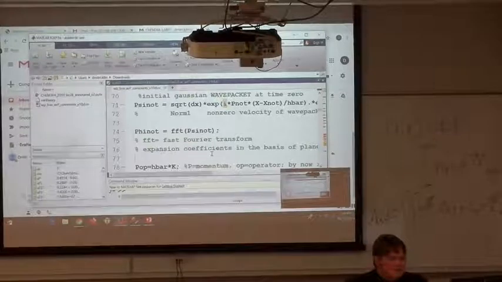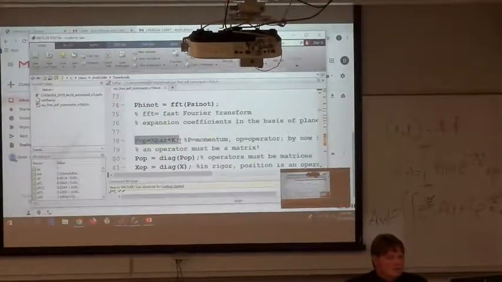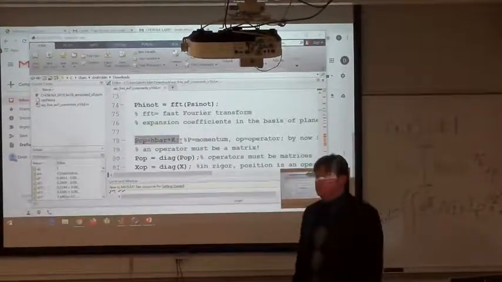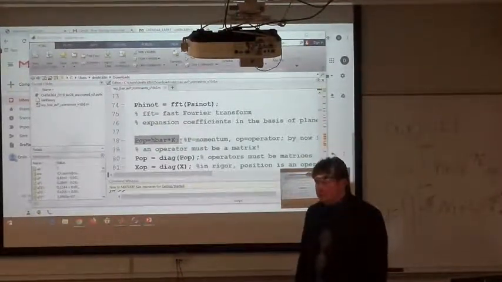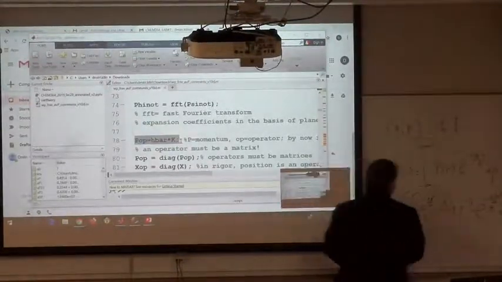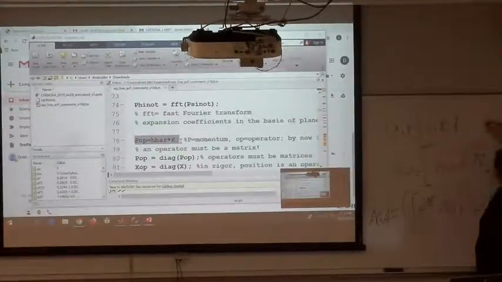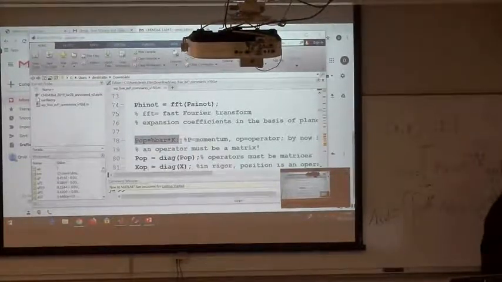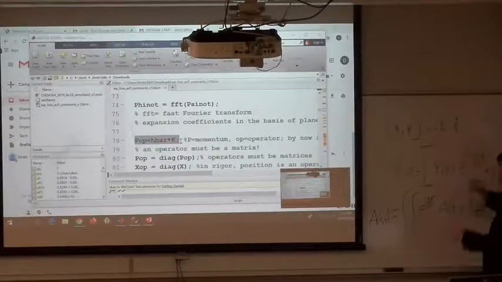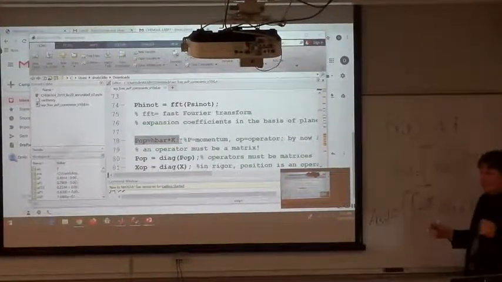And in the momentum representation, the momentum operator is diagonal and consists of values of momentum. So zeros away from the main diagonal, and then minus delta p, plus delta p, plus 2 delta p, minus 2 delta p. So it covers all discretized values of momentum.